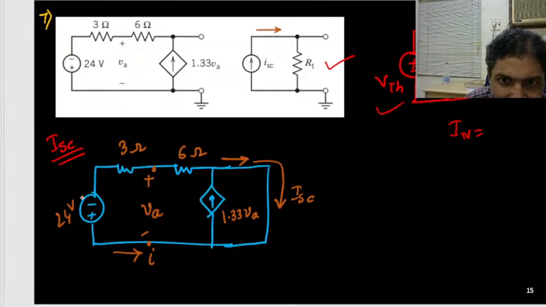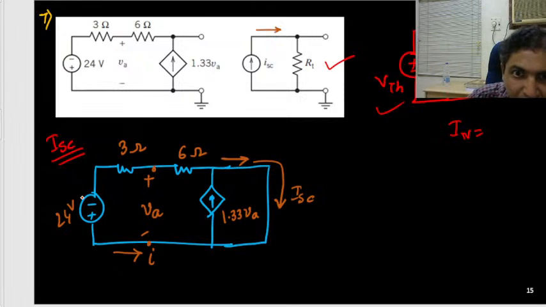Anybody can answer. What is small i in the circuit? That's okay, but ISC is not known. We need to find out ISC.